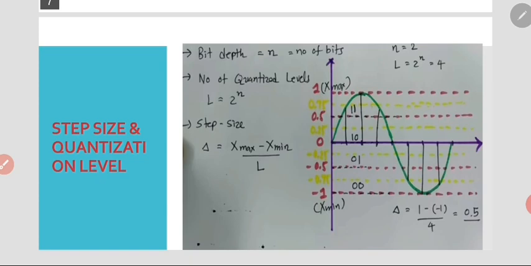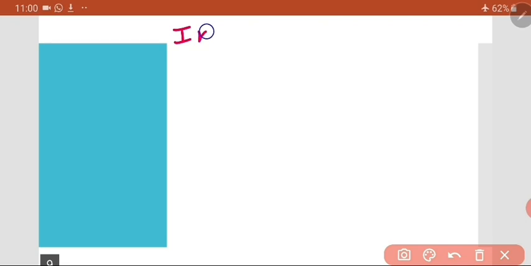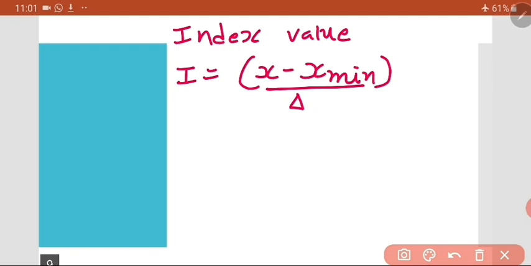We will learn step by step how those two values are found. First we take the equation of the index value I. Index value I is equal to (x minus x min) divided by delta, where x is the value of the sampled signal, x min is the minimum value of that sampled signal, and delta is the step size.